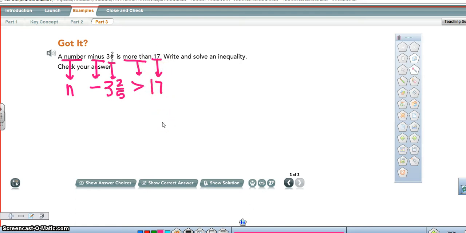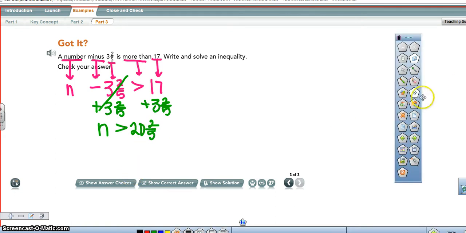Okay, so we have our inequality, and to solve it, we would need to add to both sides, inverse operations, like we've always done for equations. And we can see that n is greater than 20 2/5.